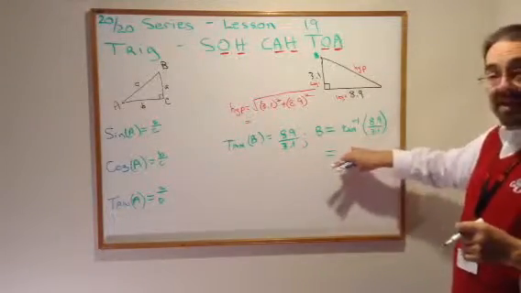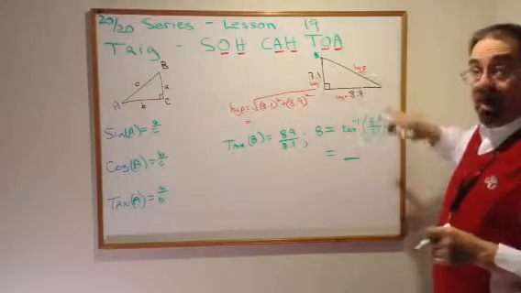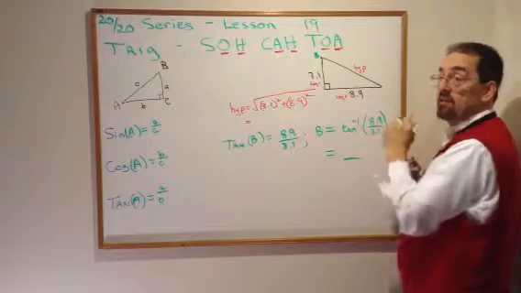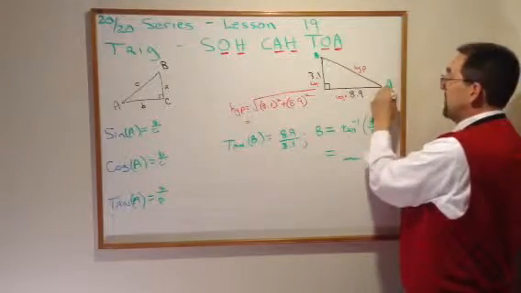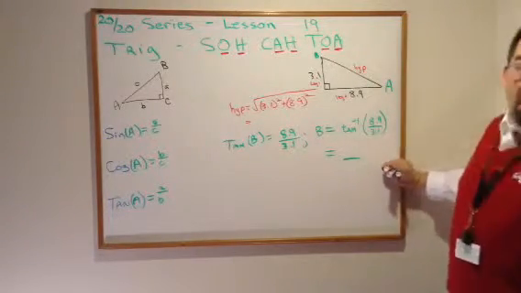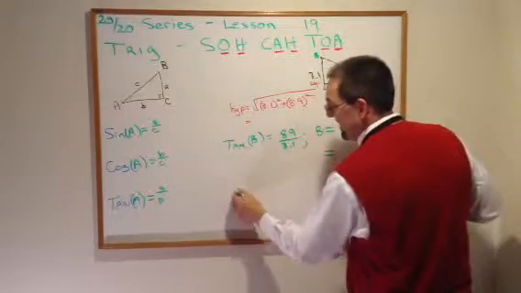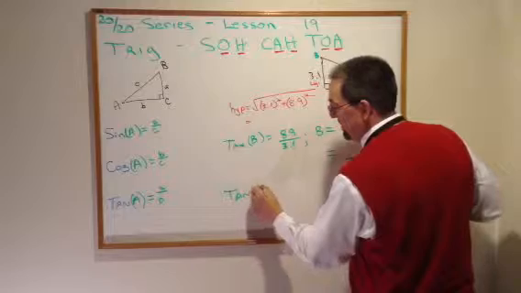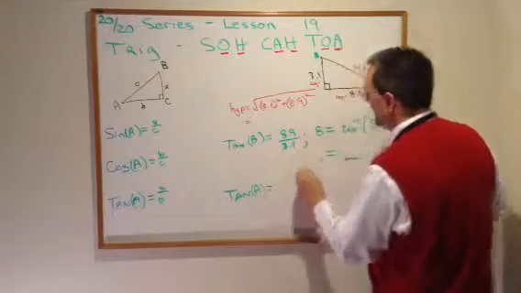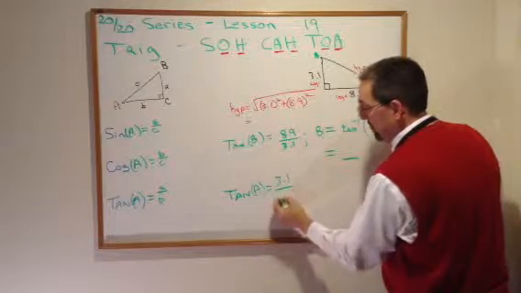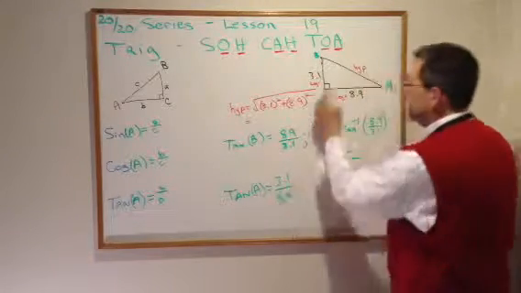Well, now that I got this angle, I could subtract. I could take 180 minus the 90 minus angle B and find angle A. Or, we'll do it the hard way. The tangent of A is indeed equal to the opposite over 8.9, the adjacent.